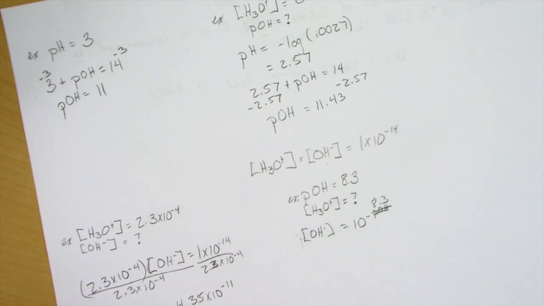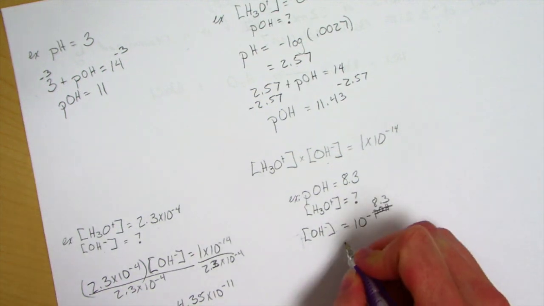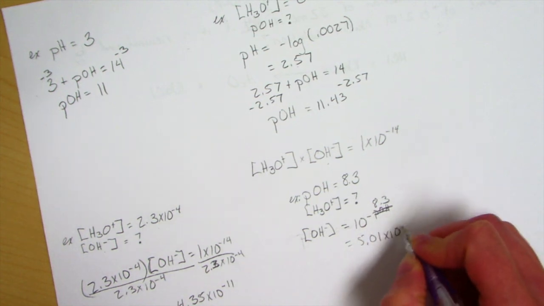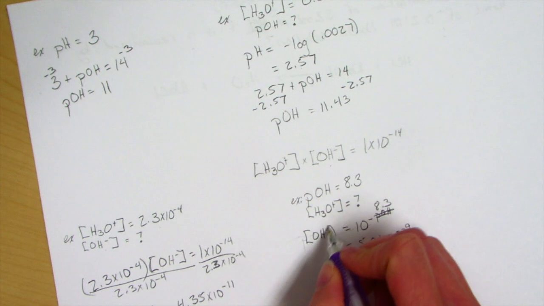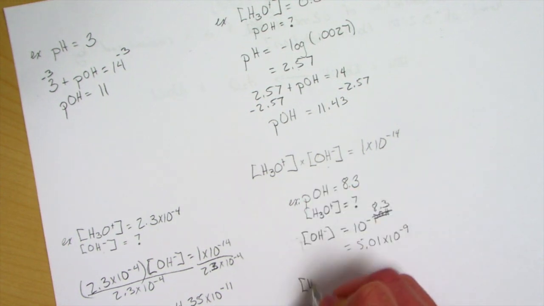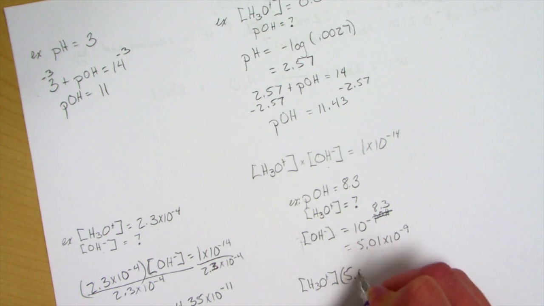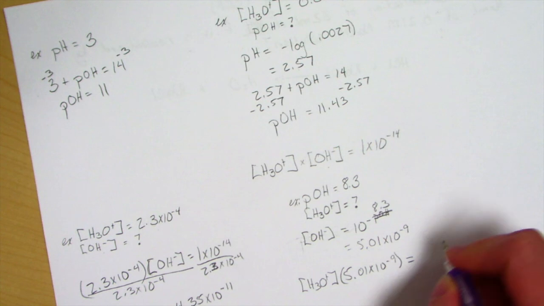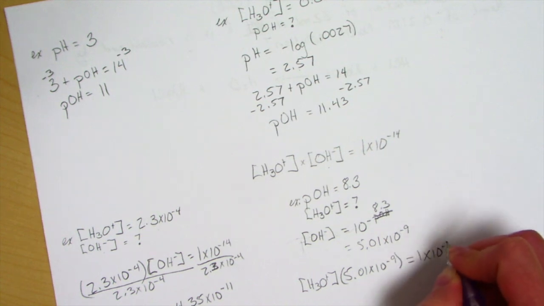So we're going to do 10 to the negative 8.3, and we come out with 5.01 times 10 to the negative 9th. This one we can now stick into this equation. So we have H3O plus times 5.01 times 10 to the negative 9th equals 1 times 10 to the negative 14th.